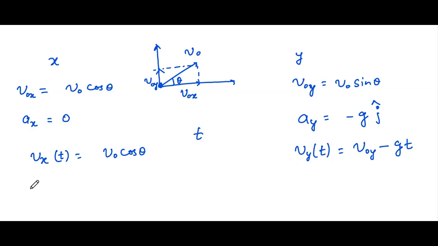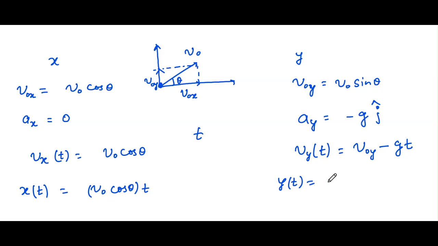And at any point of time t, the horizontal displacement x t will be v naught cos theta into t, and vertical displacement y t will be u t plus half a t square.